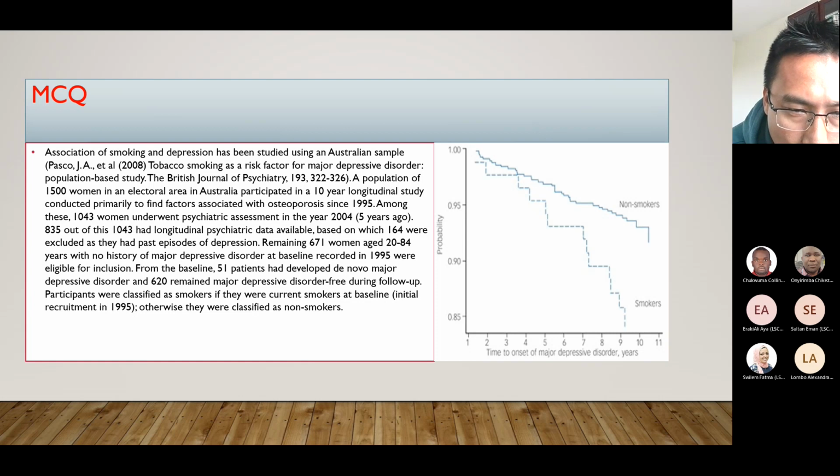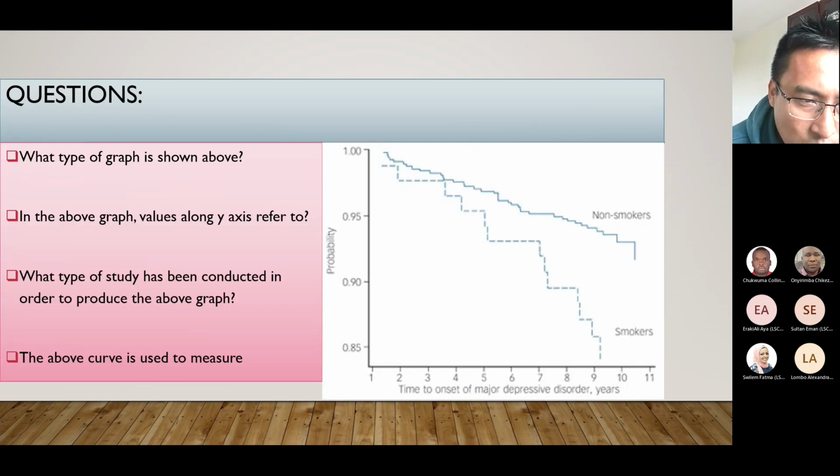The likely option is the probability of not having depression, or the depression-free period. We'll keep that option and move to the next one. The likely option will be depression free. This type of study has been conducted in order to produce the above graph. So what study is it?